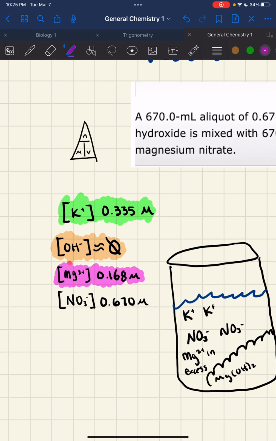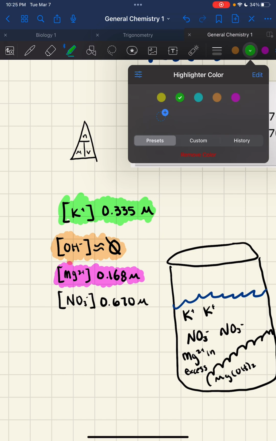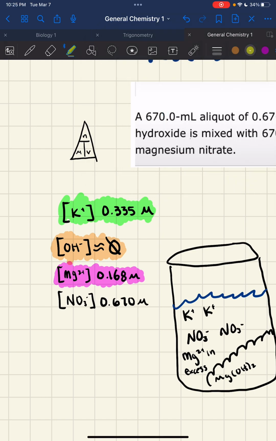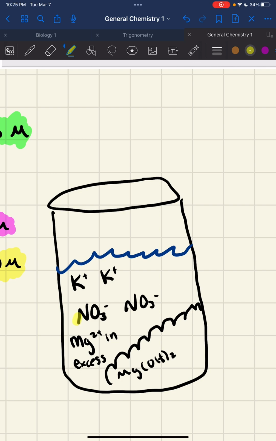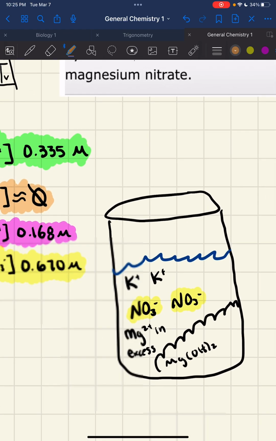And then furthermore, lastly, but surely not least, we found our nitrate. Let me go ahead and color code this. I just want it to be very clear for everyone to see.